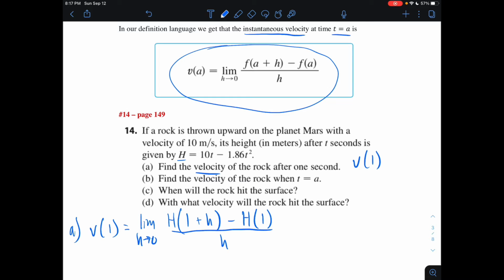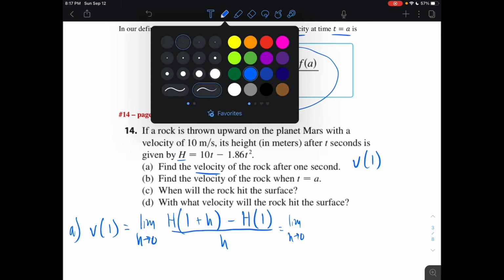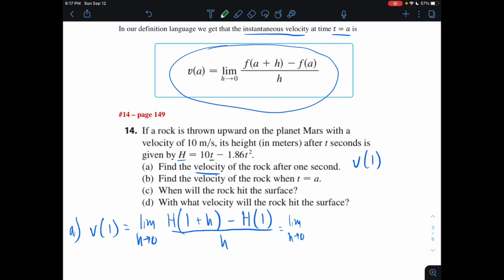So the first thing that I can do is evaluate my functions. What is capital H of these values? This just means plug in what's in the parentheses into my function. So capital H of 1 plus h just means everywhere that I see a t in my function, I'm going to now replace it with 1 plus h.